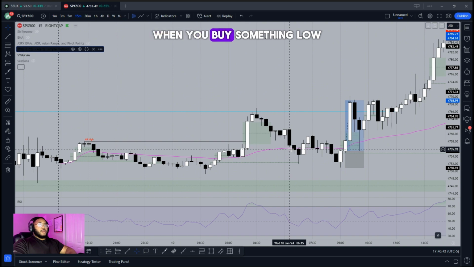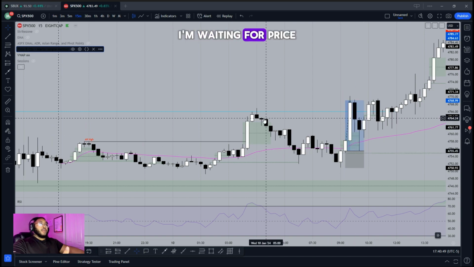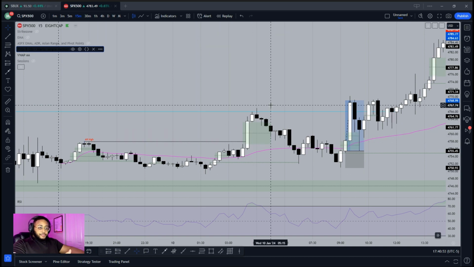When you buy something low, you want to sell it high. That's basically what I'm doing here. I'm waiting for price action or these candle bars to move in a certain direction.